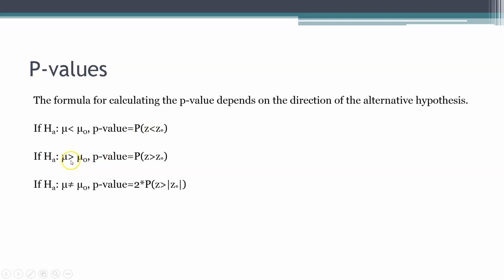If your alternative hypothesis is greater than, this sign here is going to be greater than. If your alternative hypothesis is not equal to, then you have to find the absolute value of your test statistic. In other words, if it's positive, you just leave it alone, but if it's negative, you just get rid of the negative sign. Find the probability that z is greater than that, and then multiply it by 2.